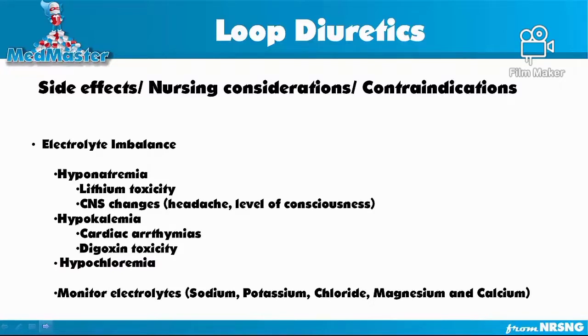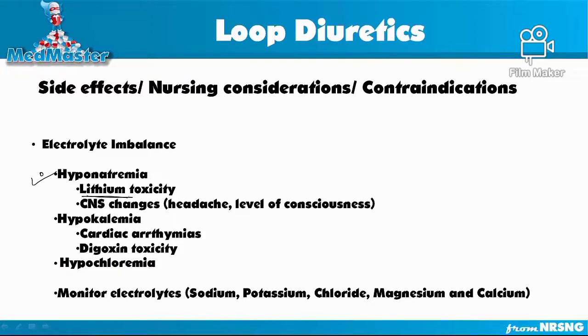Now, as we talked about in the mechanism of action, it affects many electrolyte reabsorptions in the kidney. So the first side effect is electrolyte imbalance, and the first one is hyponatremia. When we cover lithium medication, which is a bipolar medication, we'll go over why hyponatremia can cause lithium toxicity.